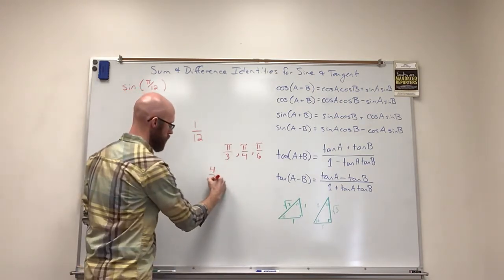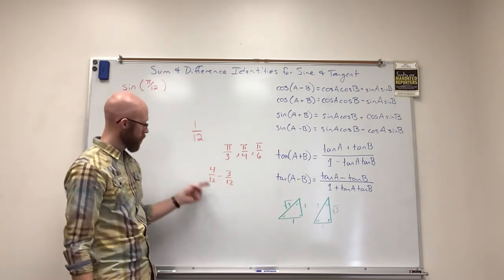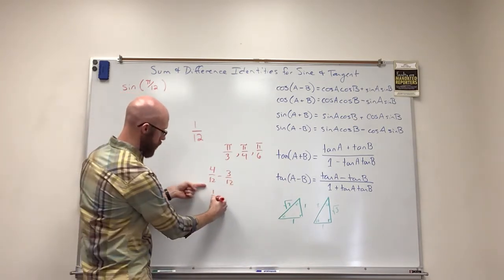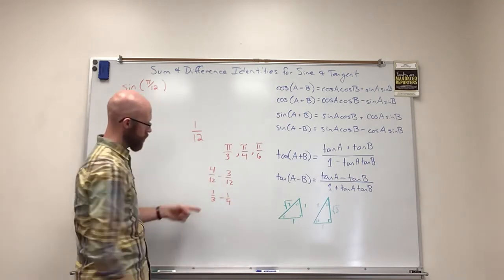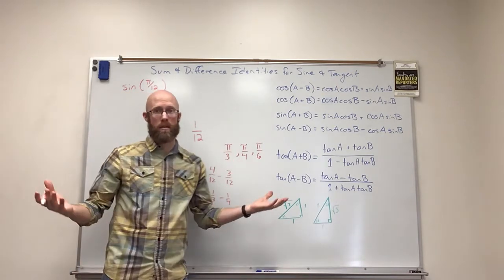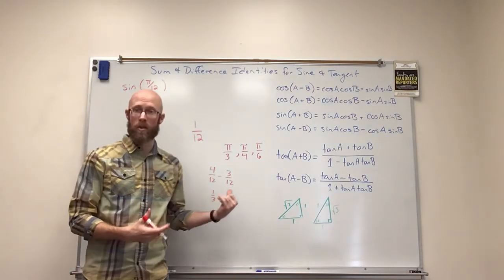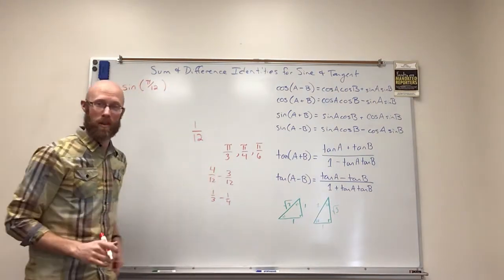We could do 4/12 minus 3/12. That gives us 1/12. Well, 4/12 reduces to 1/3, and 3/12 reduces to 1/4. So if you subtract pi over 4 from pi over 3, you get pi over 12. That's a good one. Let's try it. It's not the only option, but it will work. It's the first one we came up with, so let's go with it.